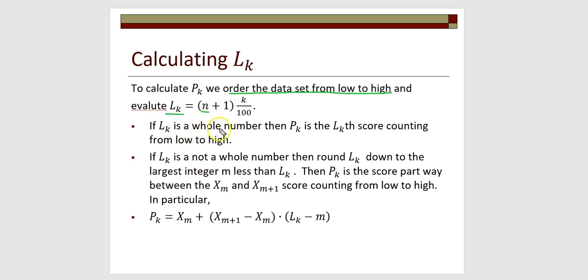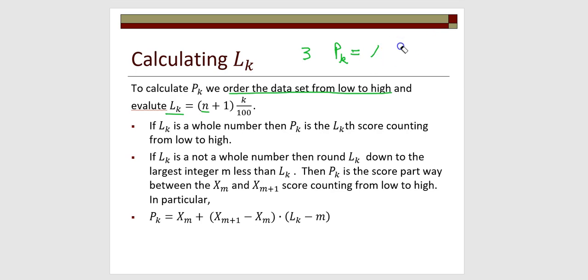If Lk is a whole number, that's easy. For example, if Lk comes out to be 3, then Pk would just be your third value in your data set, counting from low to high. So Pk would be x3 if Lk came out to be 3. If Lk is a whole number, Pk would just be x sub Lk.